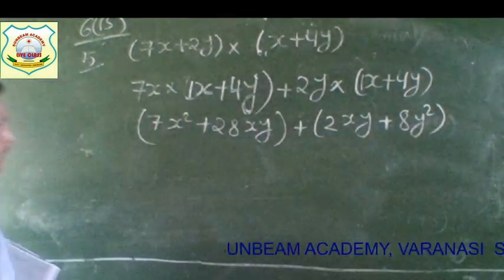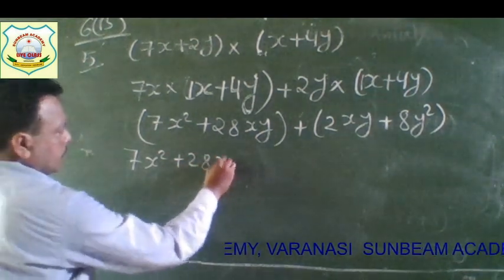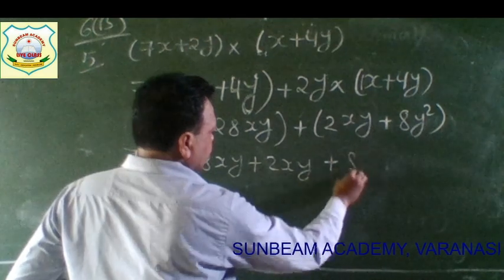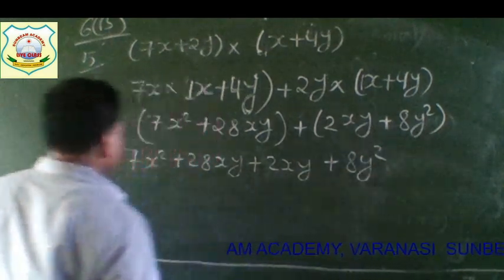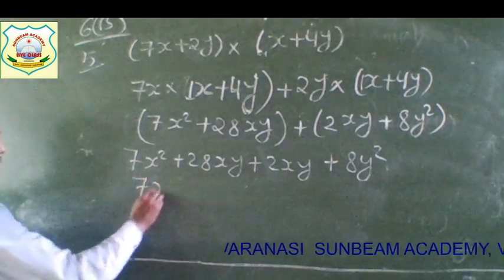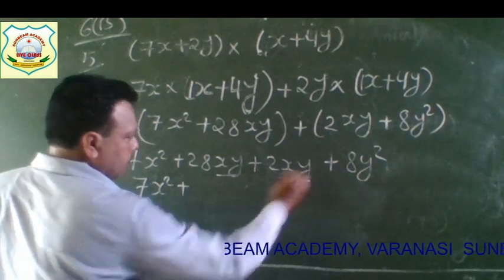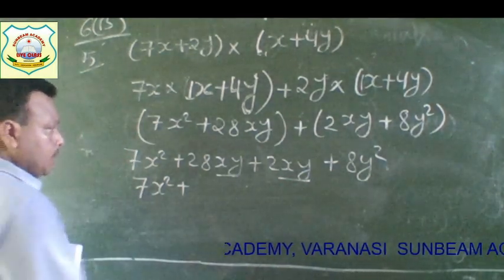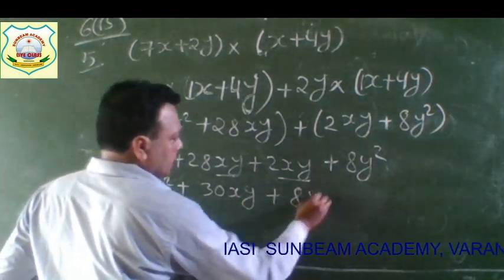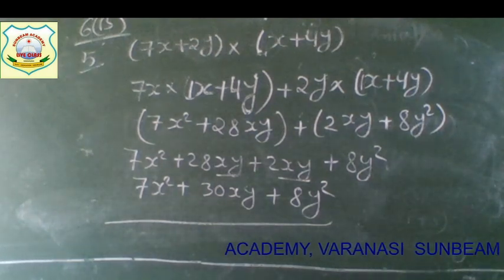Now open the bracket: 7x square plus 28xy plus 2xy plus 8y square. Students, 7x square, no like terms here, so we will write the same, 7x square plus 28xy plus 2xy. xy is in like terms, so we will add them: 30xy plus 8y square. It will be the answer. Note it down, everyone, students.